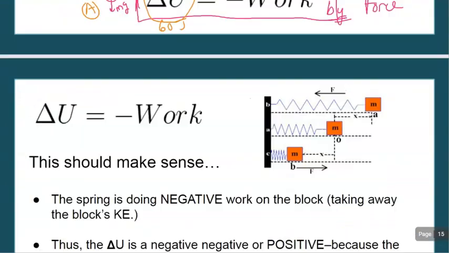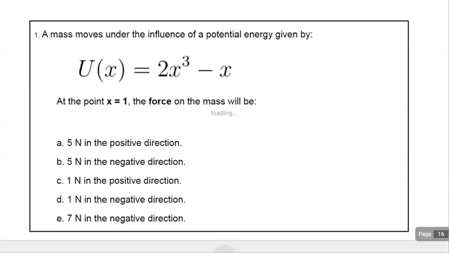I did the example with gravity, so I'm not going to talk about the spring. We'll do this example problem. I don't know if this is the first one on the worksheet, but if you want to jump to the worksheet, this is the last slide. A mass moves under the influence of a potential energy given by this random potential energy function. Who knows what's causing it? Bunch of magnets.